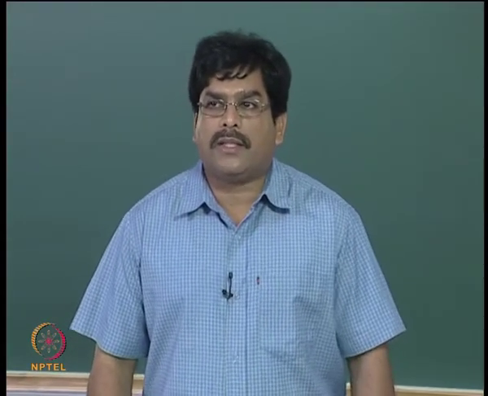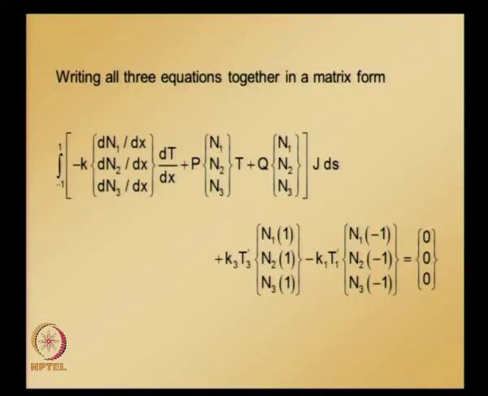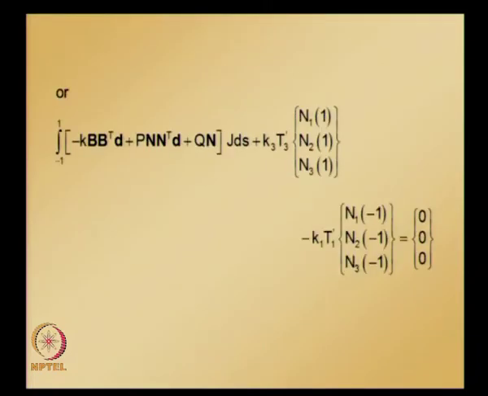So, noting all these things, we can further simplify this, and we get this one, where the definition of B or B transpose is used to write the previous equation in a compact manner like this.